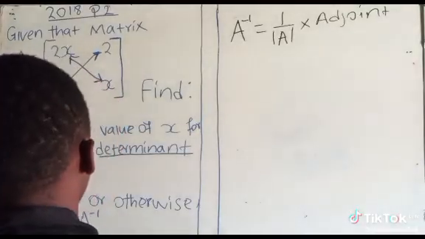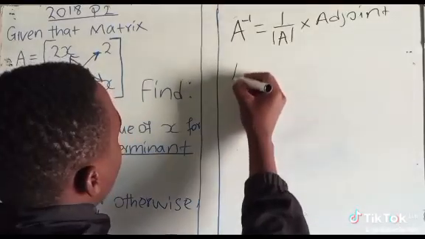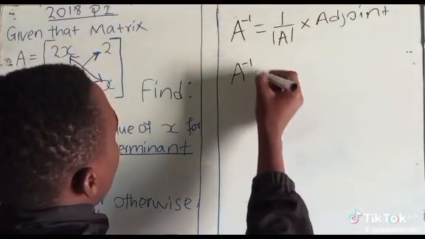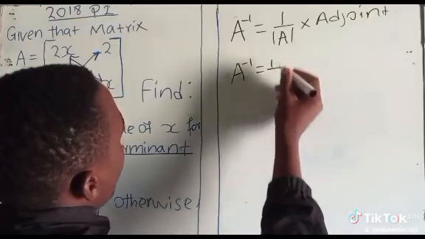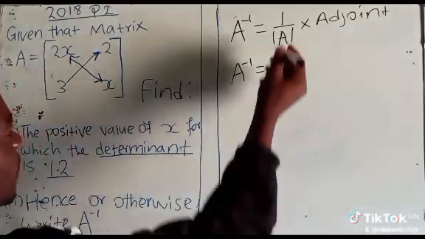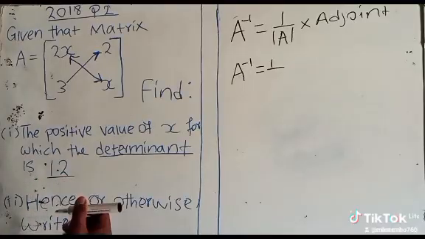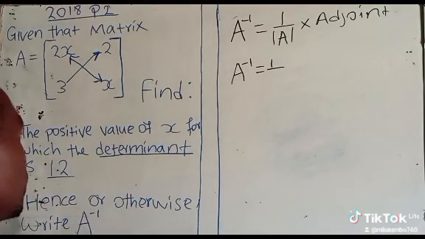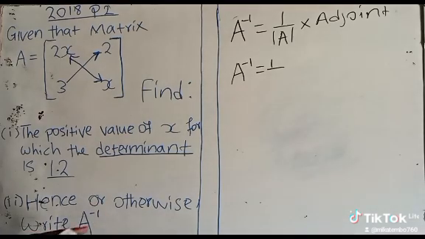So we are going to get the same matrix. The inverse of this matrix will be equal to 1 over the determinant we have already been given to be 12. Don't take the value of x as a determinant. No. Take the determinant which you have been given in the question.